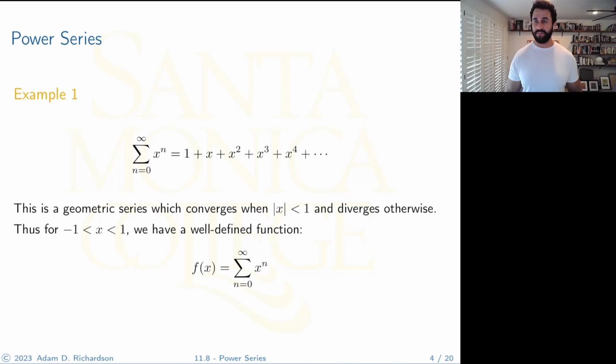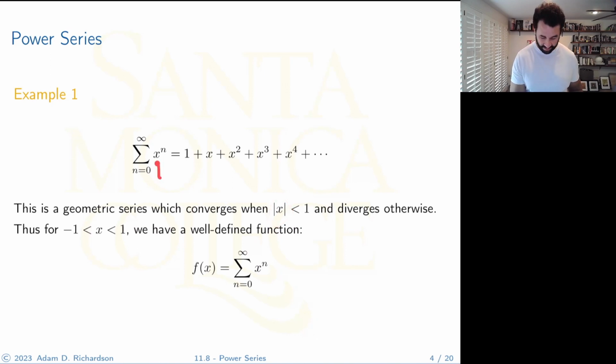Here's one simple example, just x to the n. Add up all the x to the n's. That's equal to 1 plus x plus x squared plus x cubed plus x to the fourth. All right, that's a power series. When does it converge? Well, this is actually not just a power series, it's also a geometric series, which we know converges when r is less than 1 in size.